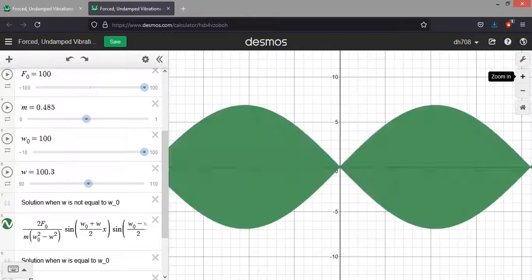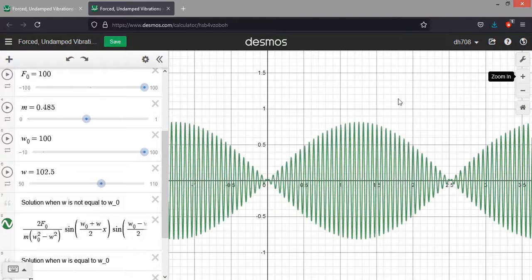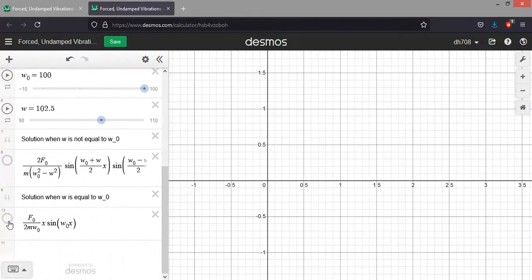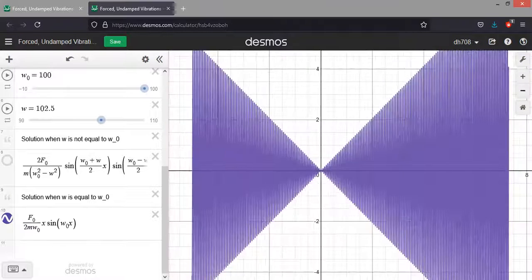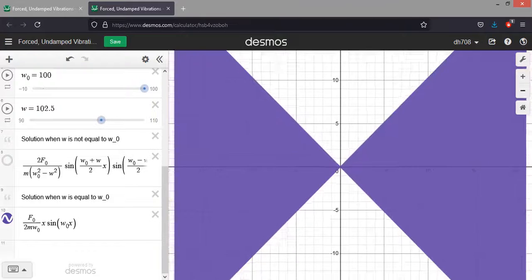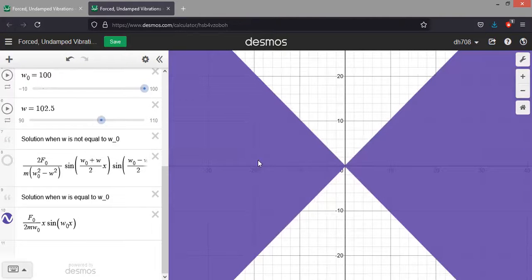So let's actually undo some of these things, and I'll show you the resonant solution. Here is the resonant solution. And you can see it has that straight line curve, the amplitude modulation. And this continues to be straight forever because it's x times a sine, no matter how far I zoom out.